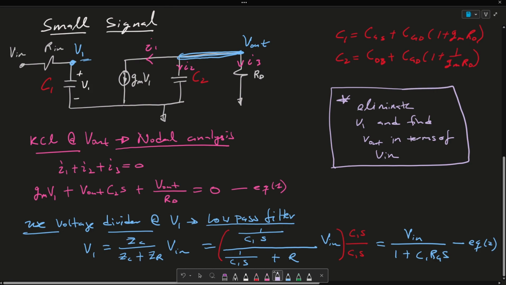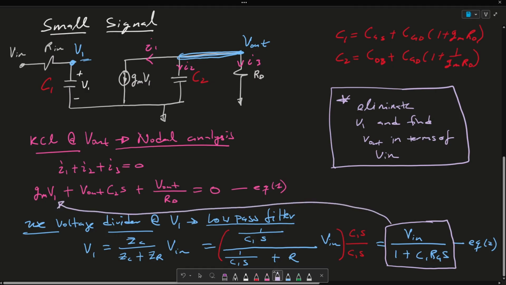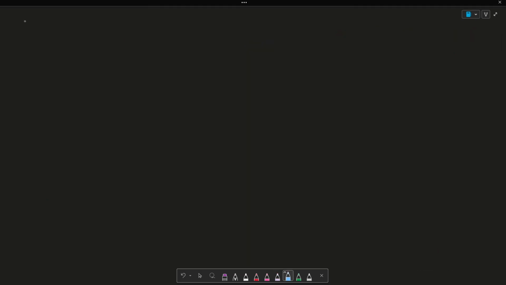So essentially what you can imagine is we can take this here and plug it into here, and then we'll have V1 and V out in this equation number 1, so we can solve for V out over V in. With that being said, let's go ahead and plug V1 into equation 1.